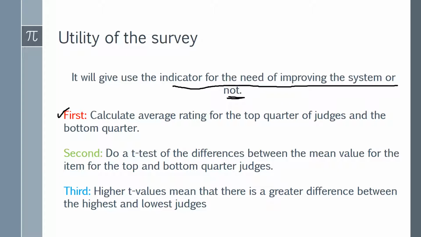The second step, I have to run a t-test for the difference between the mean values of the item between the top and the bottom. Third step, a higher t-value means that there is a greater difference between the highest and the lowest judgment.